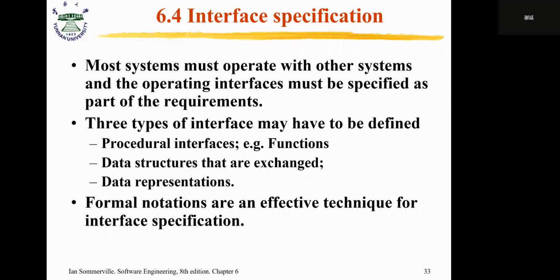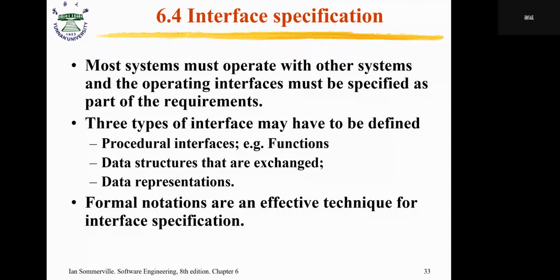For the system, when you're doing requirements, you can use natural language, you can use structured language, you can also use tabular. But sometimes such kind of language is not enough, especially when your system needs to interact with other systems.